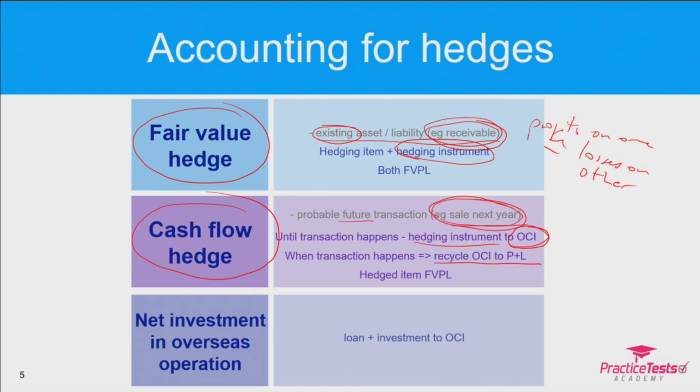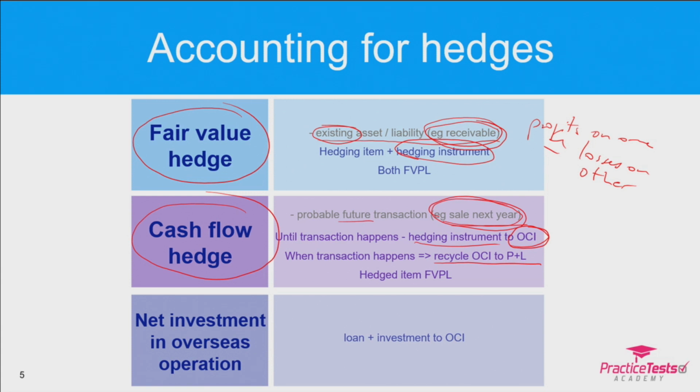Next year, when we make the sale, that sale will be at, sadly, a lower amount because the exchange rate's been moving against us. But not to worry, we recognise that sale at the lower amount, but we then recycle that profit that we parked temporarily in the OCI to bump it back up. So in net effect, you're keeping the profit figure relatively stable.